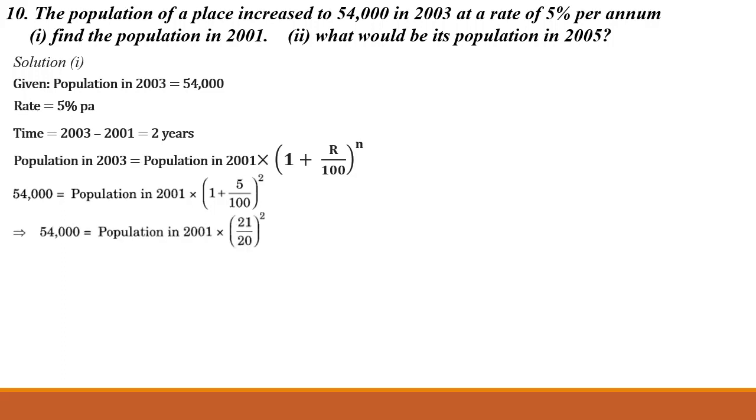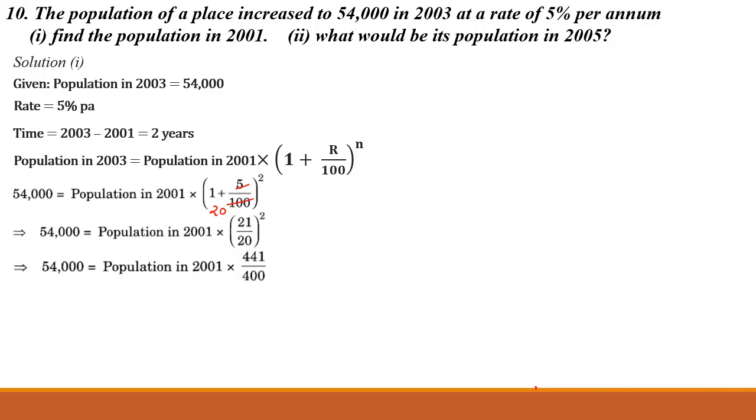On simplification, the part in the bracket, you know that 20 plus 1 over 20, and when we take the LCM and do all the calculation, we will get 21 by 20. We know the square of 21 is 441 and the square of 20 is 400. So when we do that we get 441 by 400.